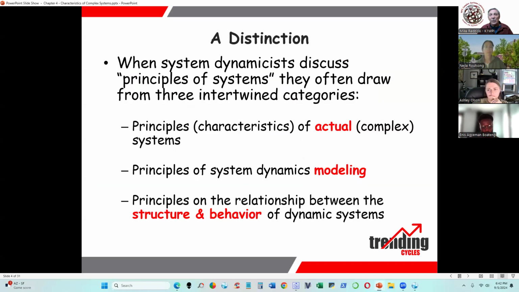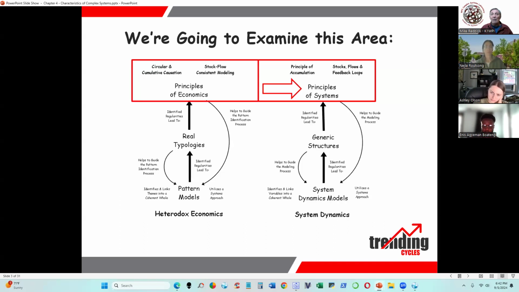And what we get into is a lot of times when you have terminology, people use the same terms for different things, and it can be confusing. So if we talk about principles, and now principles in system dynamics, not in economics per se. Okay, principles of systems, what do we mean?